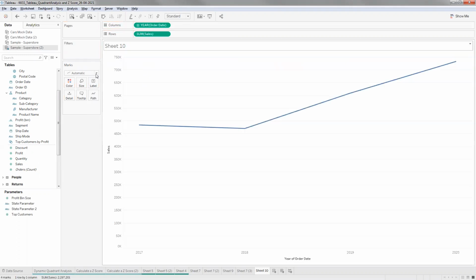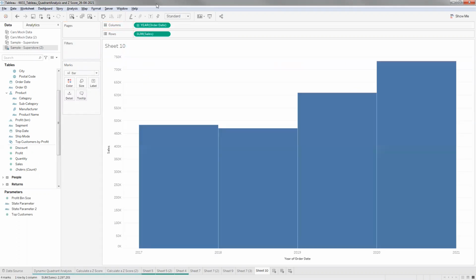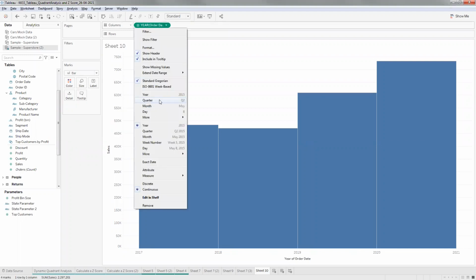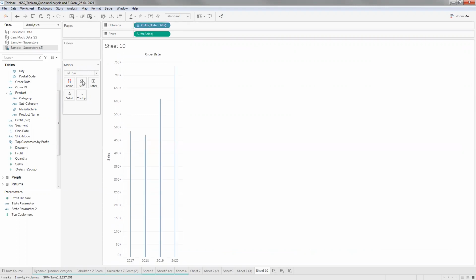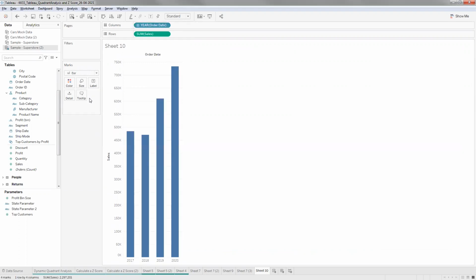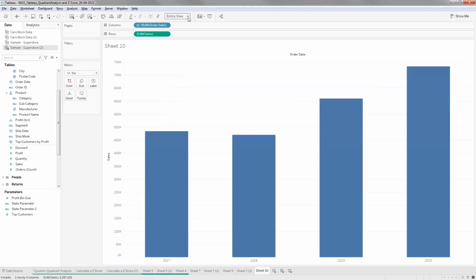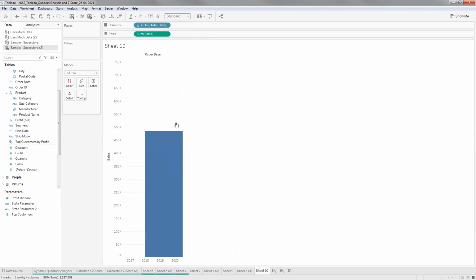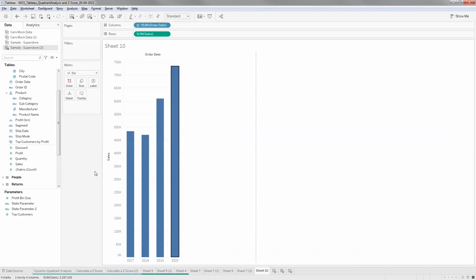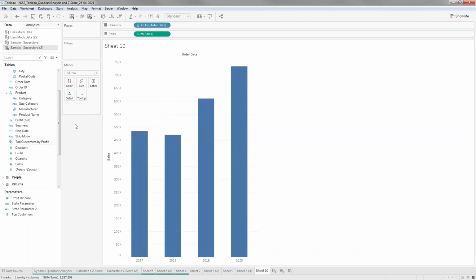Let me change this to bar, and standard size. Okay, so I have my sales across each year.